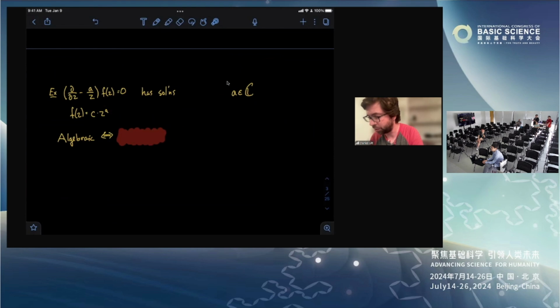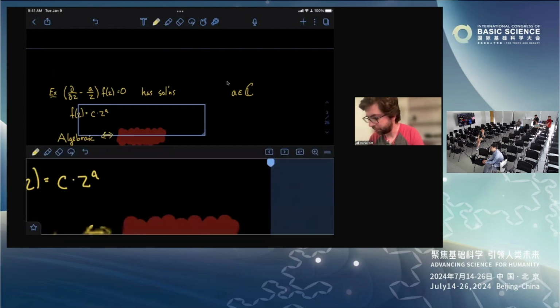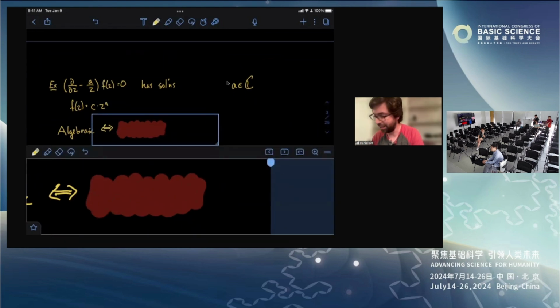The solutions all have the form a constant times z to the a. So when is this an algebraic function? The answer is pretty easy to tell. It's clearly algebraic if a is a rational number, because then you're taking a root of z and raising it to some power. And it turns out this is the only way these functions can be algebraic. It's not too hard to see. In fact, it's the only way they can be finitely branching.